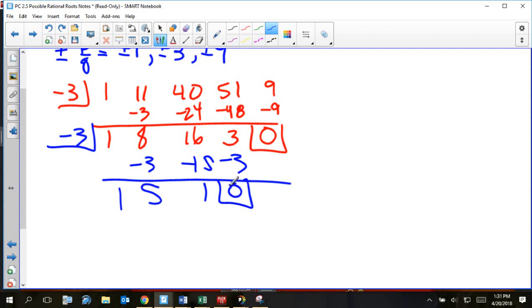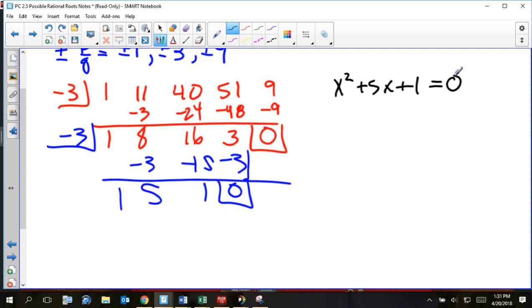Woo, and it worked. So once I've taken out 2, now I have a quadratic. Inside that quadratic, my choices are factoring, quadratic formula, or complete the square. And I'm always going to go to factoring first.